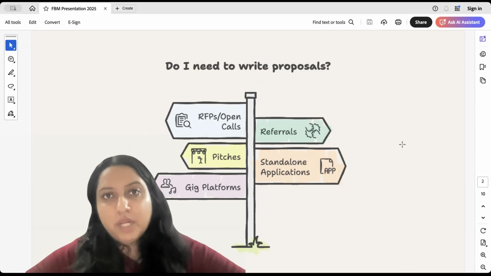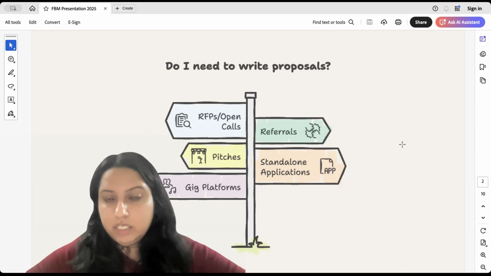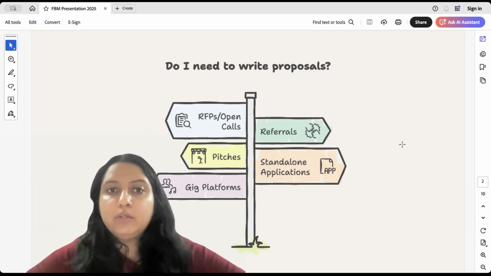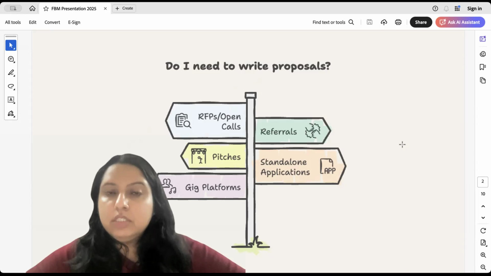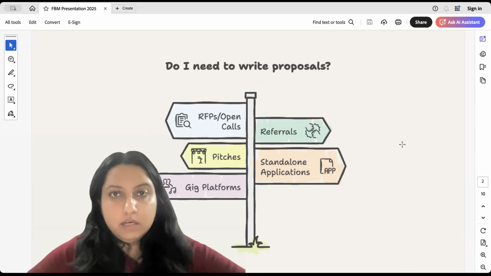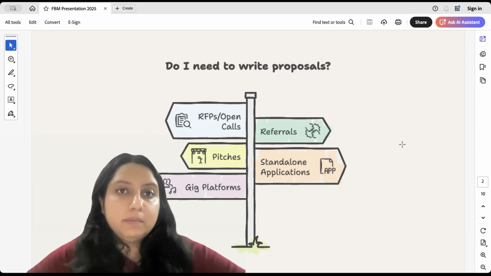And then this brings us to the most structured end of the spectrum, which is request for proposals. These are open calls. These are elaborate calls where the organization has spent a lot of time in assessing, in auditing what their needs are.